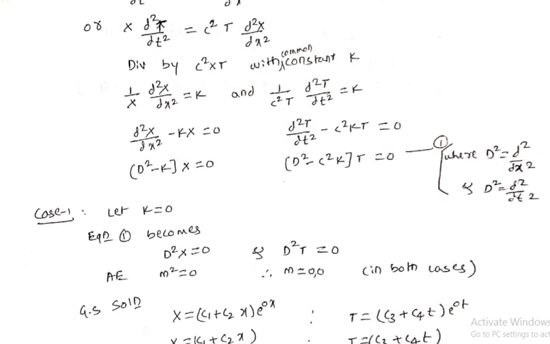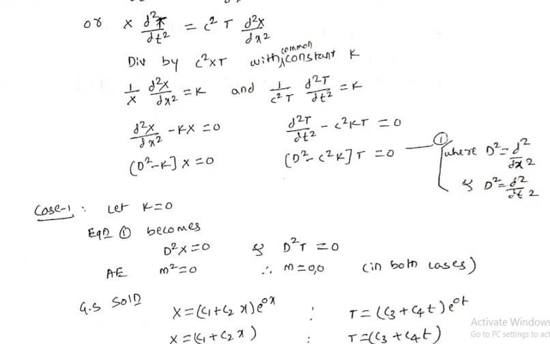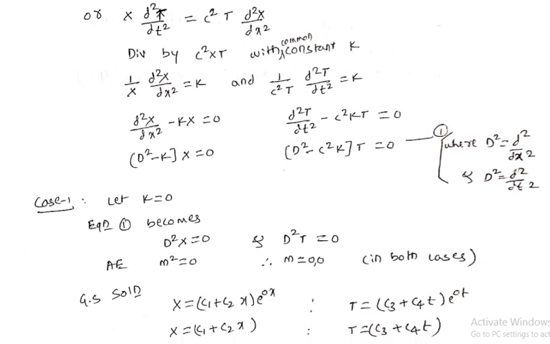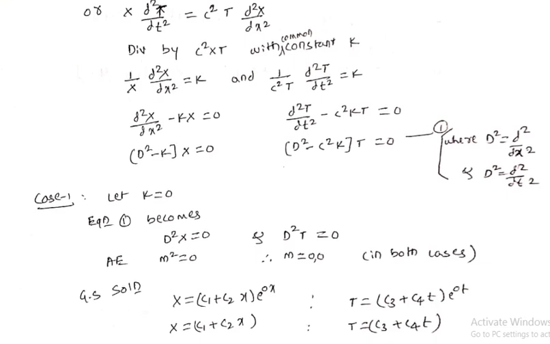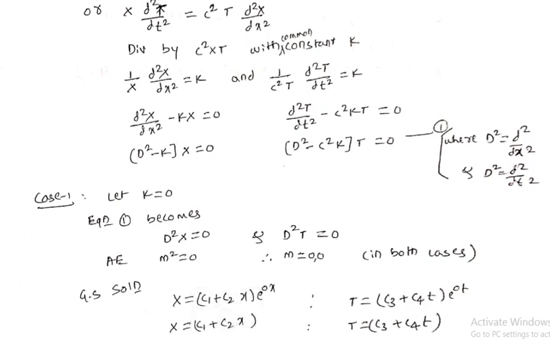So according to model number 2, we know that when the two roots are the same, its complementary function or general solution is capital X equal to, because our first term is with respect to x, (c1 + c2 x) e to the power 0x, and we know that e to the power 0 is 1. So capital X equal to c1 plus c2 x here.